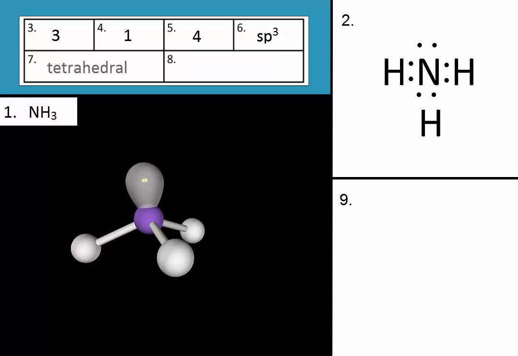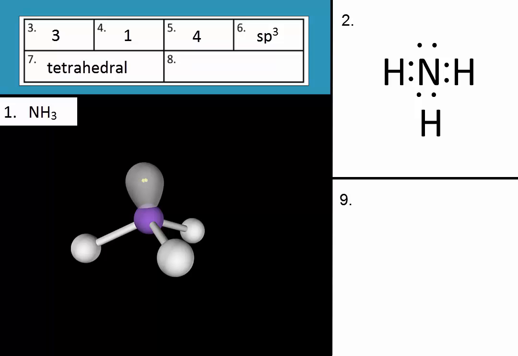You can see the shape is tetrahedral once again with a hybridization of sp3, just like our methane. I hope you are noticing a pattern that is starting with the hybridization and the electron pair arrangement name. sp3 and tetrahedral always go together. So record that down in box 7.